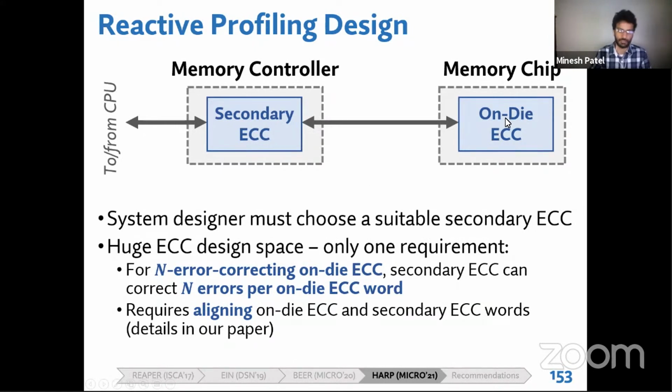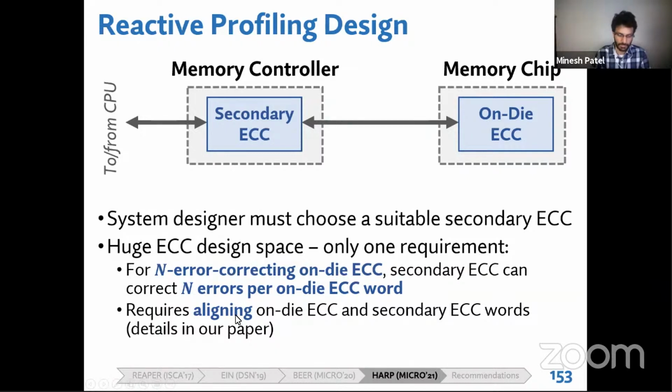So if on-die ECC is operating with, say, a 128-bit word, then say it's a single error correcting code within those 128 bits, then secondary ECC needs to ensure that it has at least single error correcting capability within each on-die ECC word. So naively applying a single error correcting secondary ECC will not work, right? You have to make sure that the mapping is set up such that the error correction strength is applied per on-die ECC word, because that's the granularity at which indirect errors can occur. And so that's the point I was trying to make here with aligning the on-die ECC and secondary ECC words.